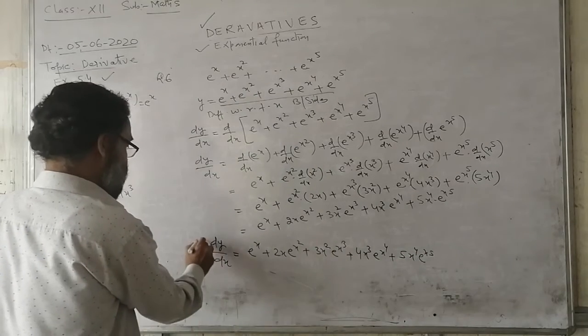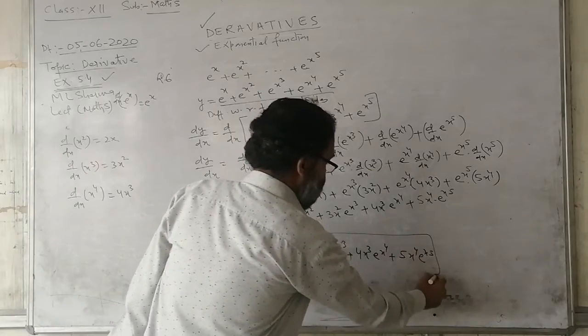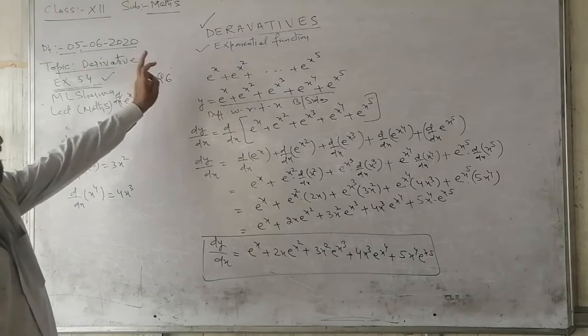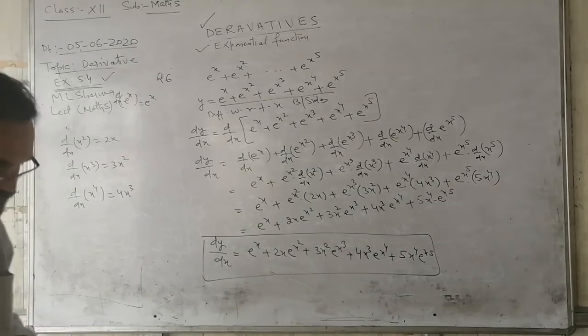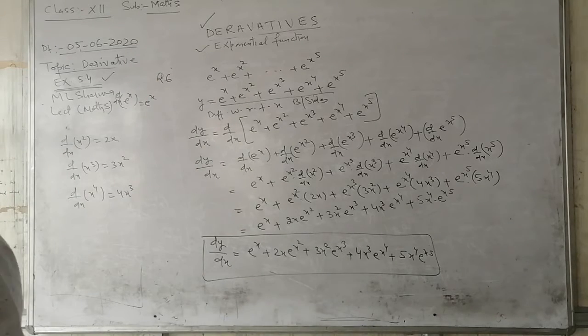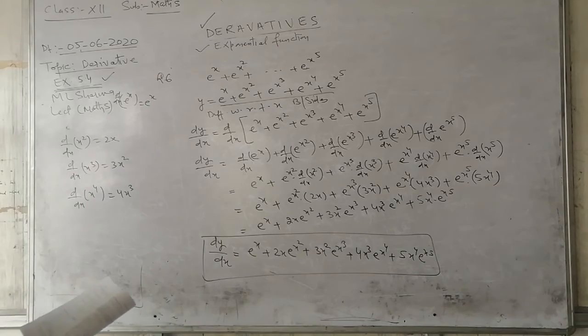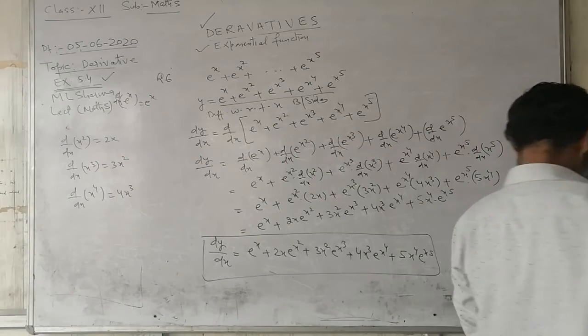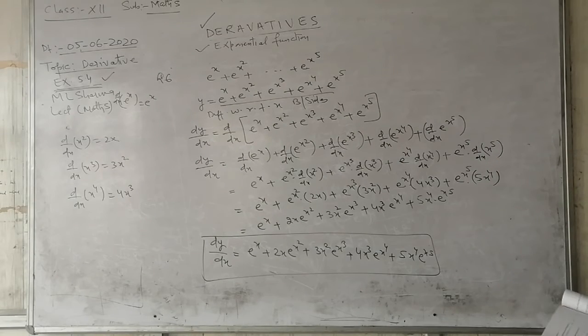So in this way, the derivative of the given function is calculated. So this was question number 6 of this exercise. There are two or three questions more, and this exercise has only 10 questions.